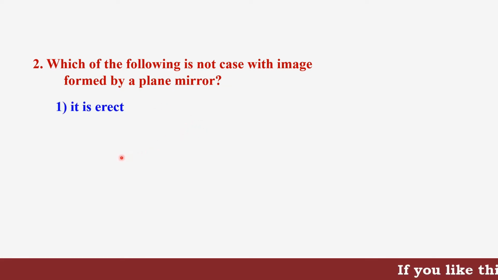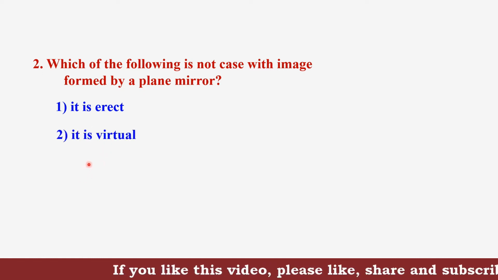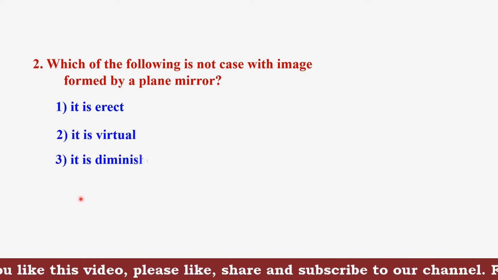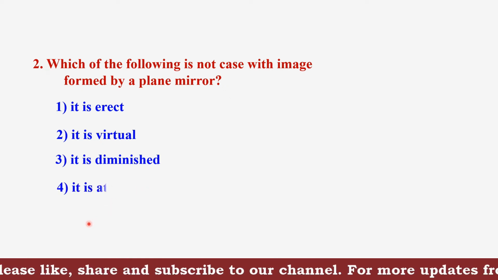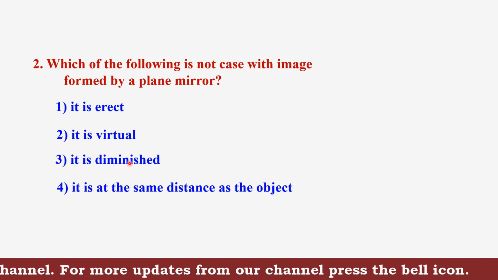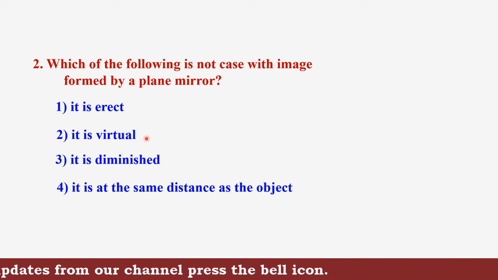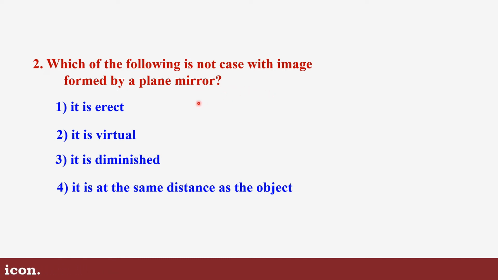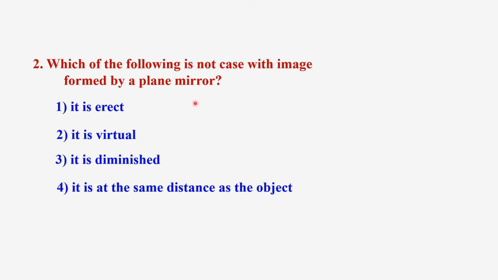Okay. Next, which of the following is not the case with the image formed by a plane mirror? First one, it is erect; it is virtual; it is diminished; and it is at the same distance as the object. Here in this question they are asking which of these options is not suitable for the image formed by a plane mirror.